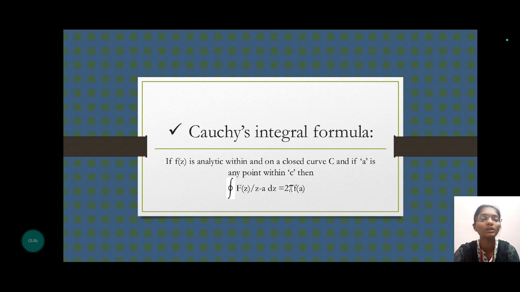Once again, if f of z is analytic within and on a closed curve C, and a is any point within C, then the integral of f of z divided by z minus a dz is equal to 2 pi i f of a. This is known as Cauchy's integral formula.